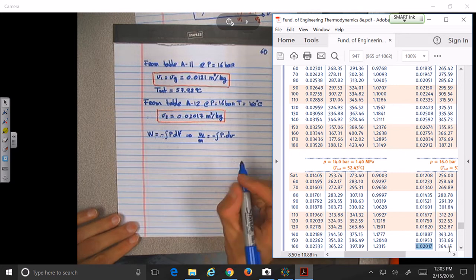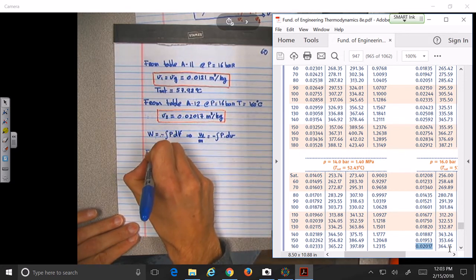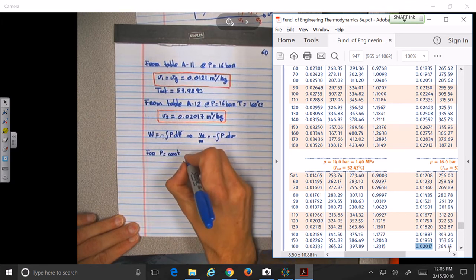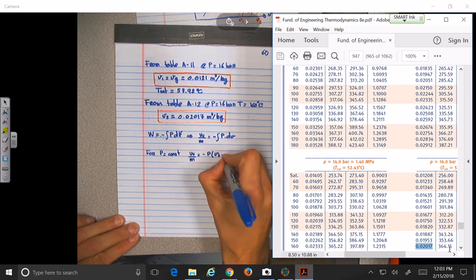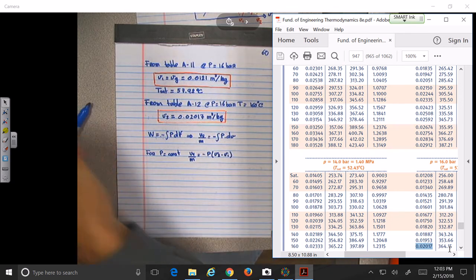All right, so from here, for P equal to a constant, work over m would be equal to what? Minus P times V2 minus V1, no? After integration. V1 I can put here.